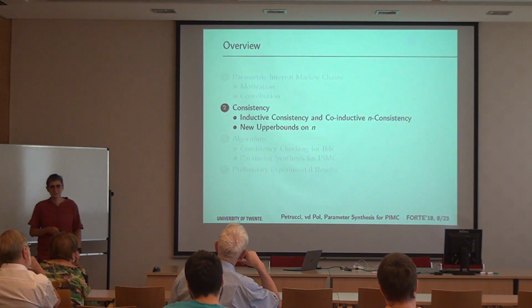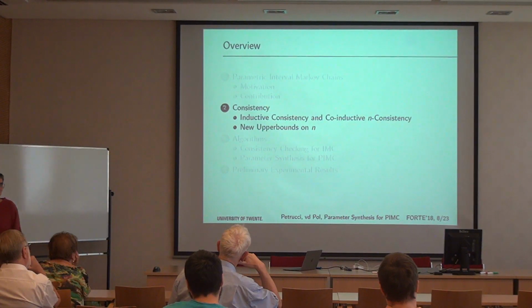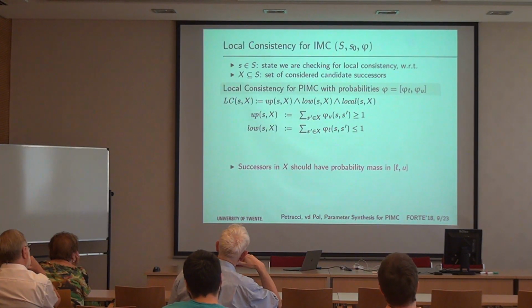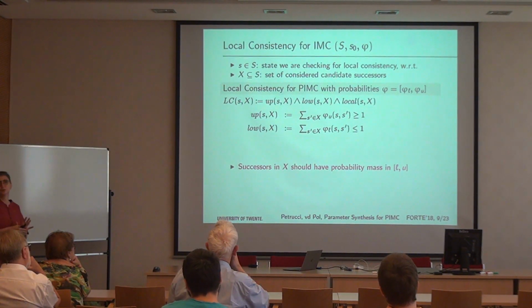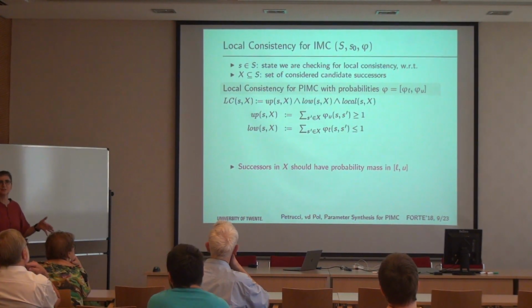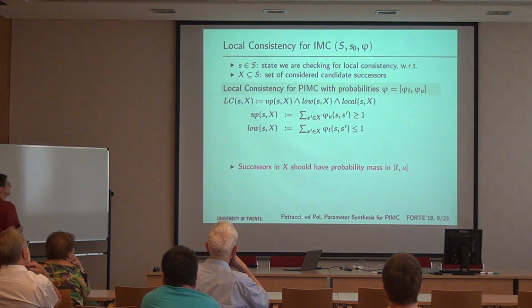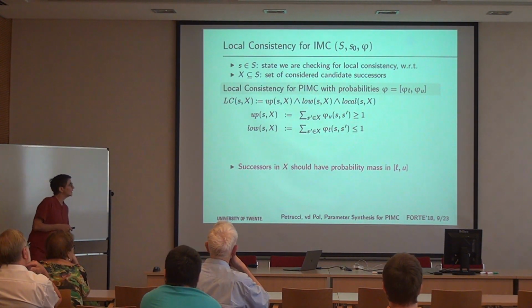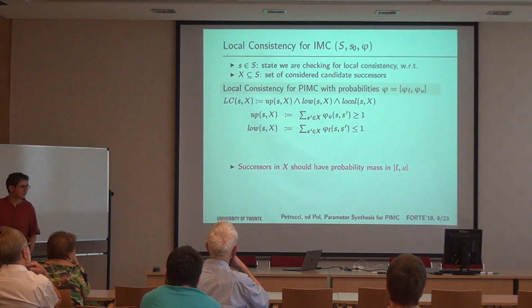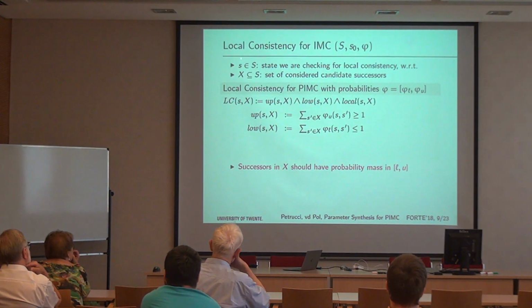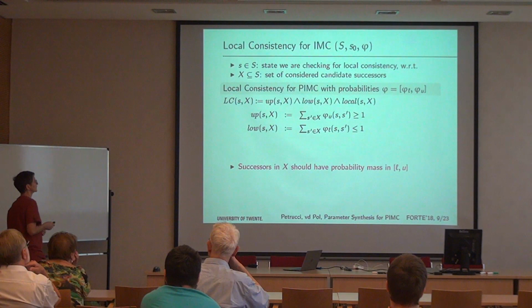Okay, so let's just look at the consistency. For an interval Markov chain, we'll do most of the things for interval Markov chains and then speak about parametric interval Markov chains. So let us look at the consistency for a state S, that is the state of interest. So is this state consistent?